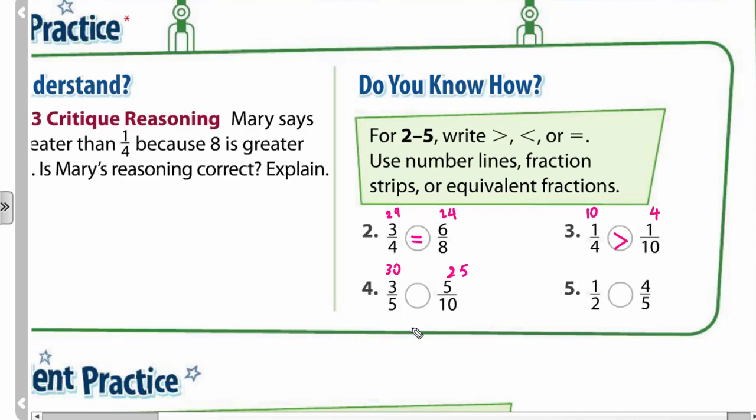So which one is greater? The 30 is greater. And I mean this one. So 3/5 is greater. Thank you, my hero. Great work.